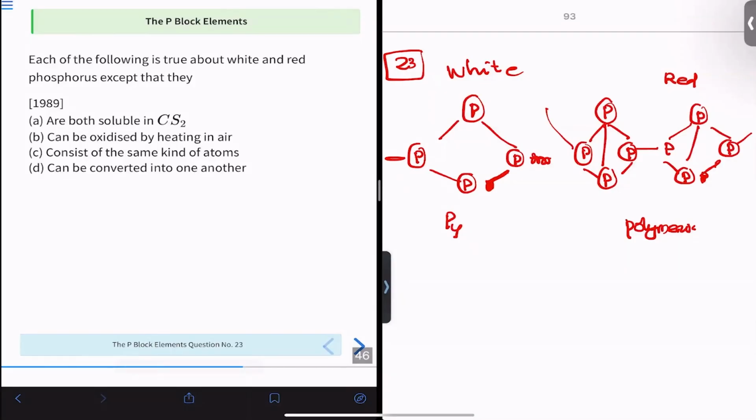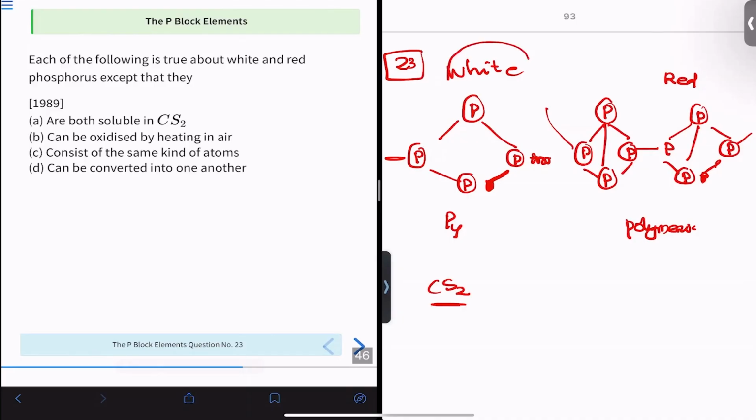We need to find which of the following is wrong. Option A: are both soluble in CS2? CS2 means carbon disulfide.